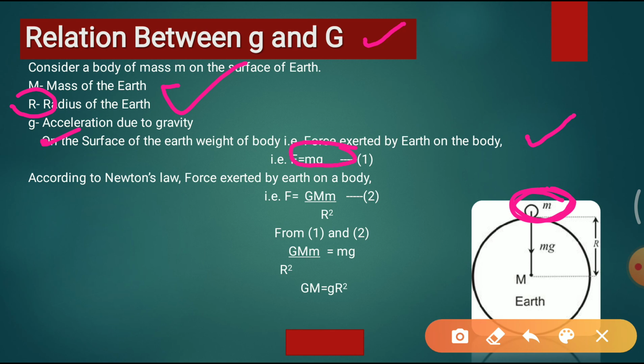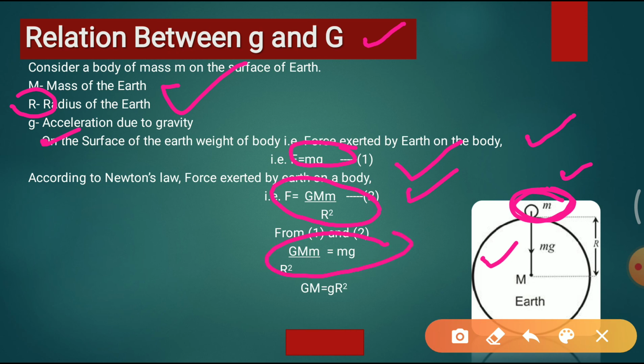It will be F is equal to m into g. And according to Newton's gravitational law, F is equal to G M m upon R square. Here capital M is the mass of the earth and small m is the mass of the object placed on the surface of the earth. Therefore, from 1 and 2 we can write G M m upon R square is equal to m g.